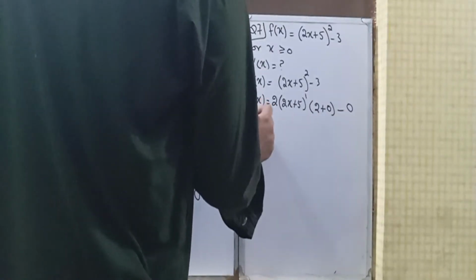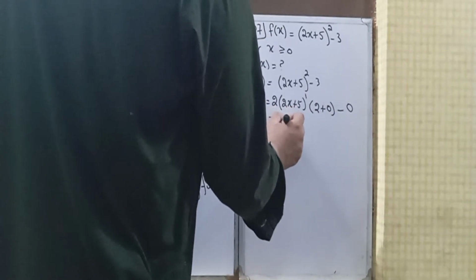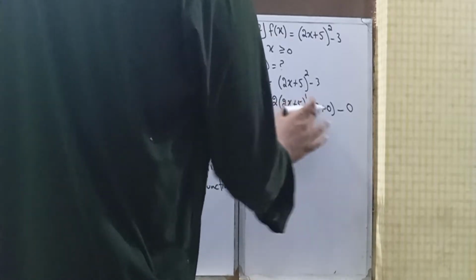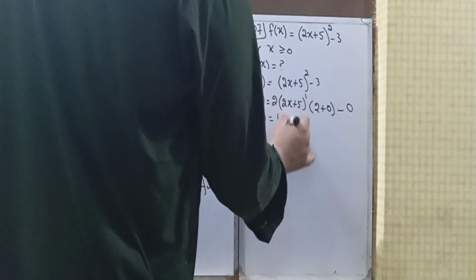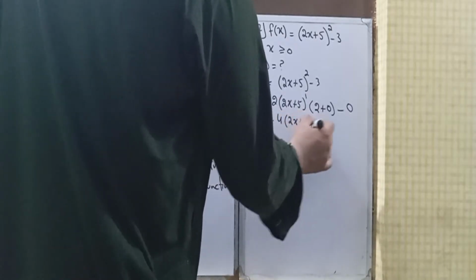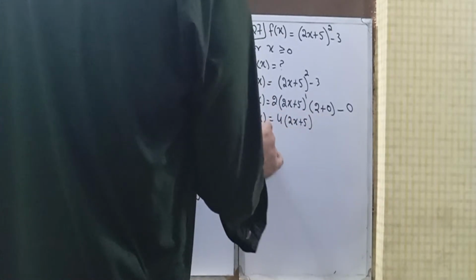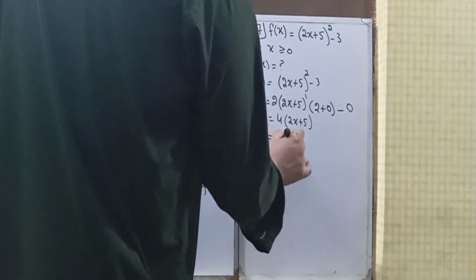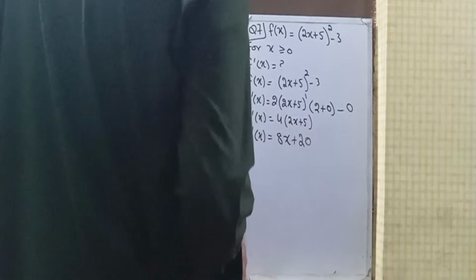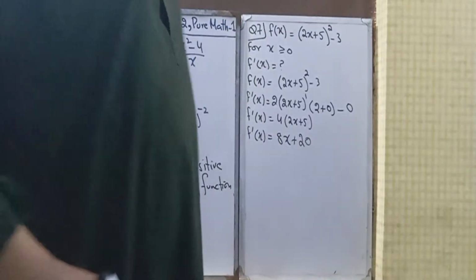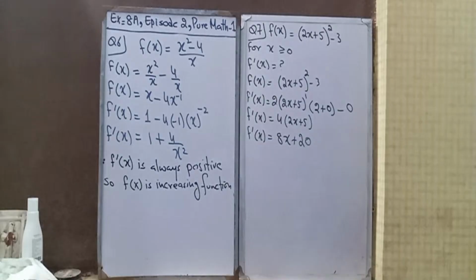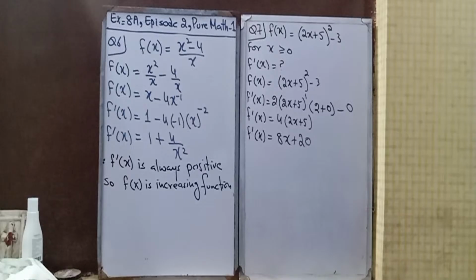So the derivative becomes 2 times 2 is 4, and this becomes 2x plus 5. So the derivative is 8x plus 20. This is the expression for the derivative: 8x plus 20.